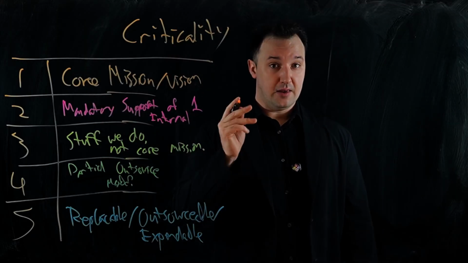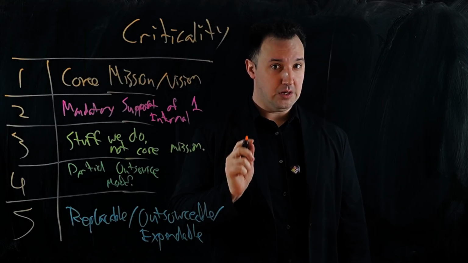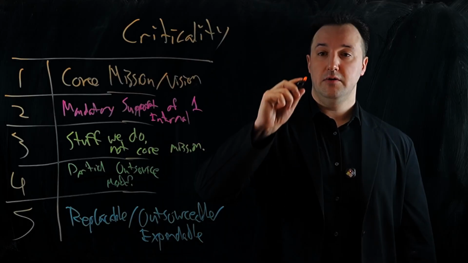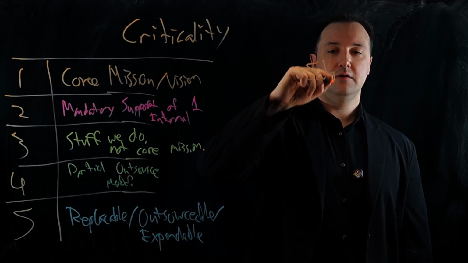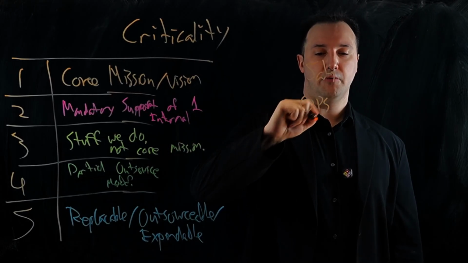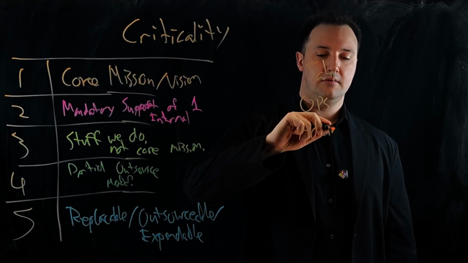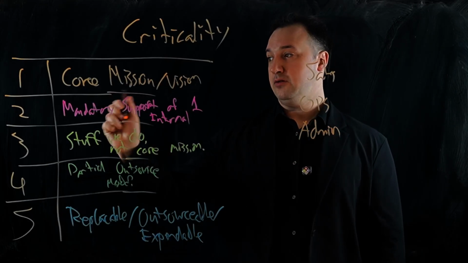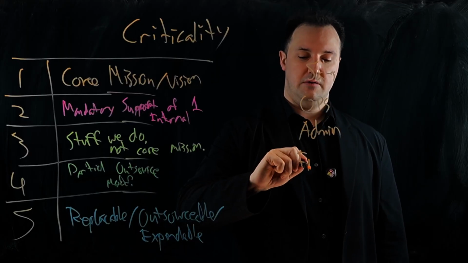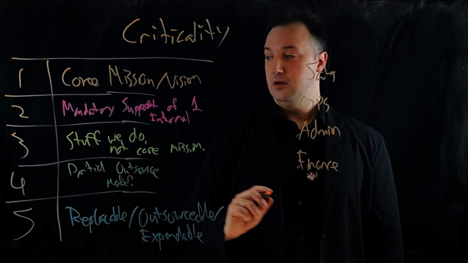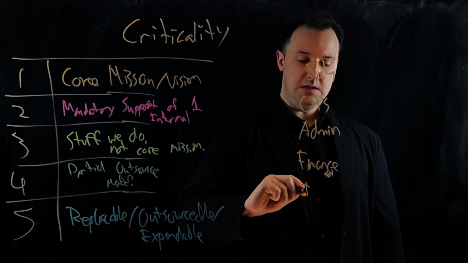Now, what you're going to do with your criticality, once you've figured out how you're defining this, and if you've seen the other videos, you can imagine what I'm about to do here. We're going to write down sales, operations, admin. These are the functions we've been using the whole time. Finance. We have IT.